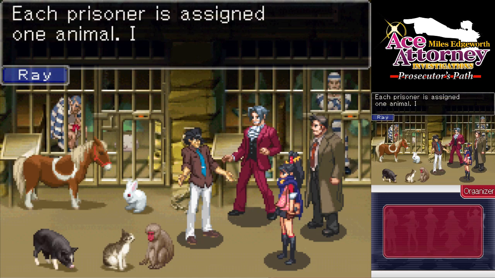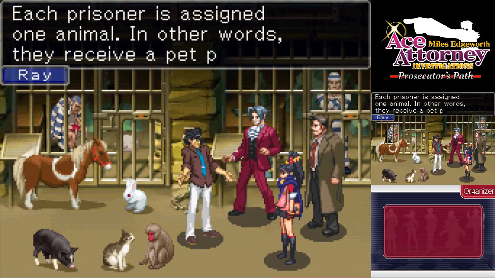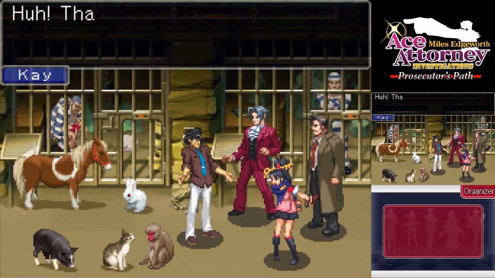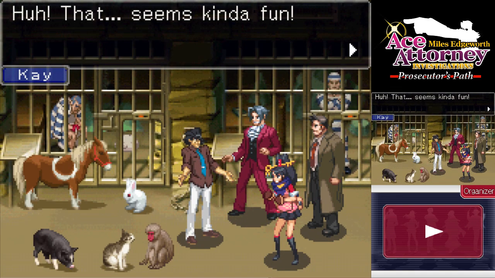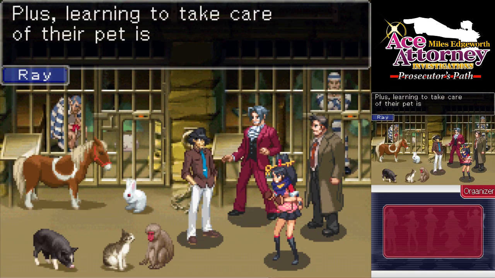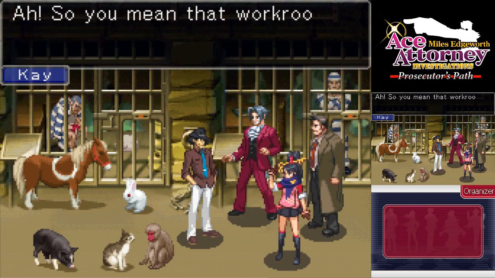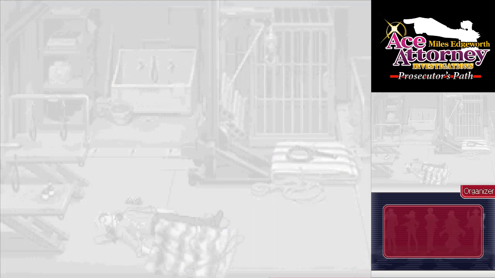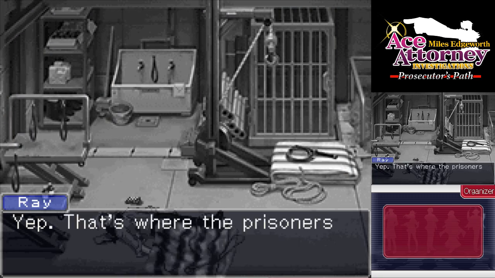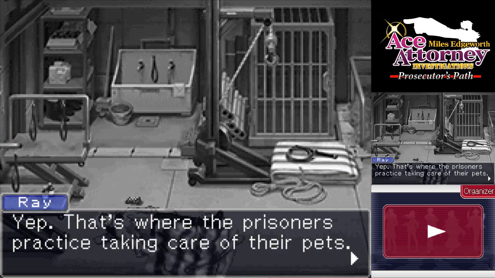Each prisoner is assigned one animal. In other words, they receive a pet partner. Huh, that seems kind of fun. Plus, learning to take care of their pet is a great qualification to have. Huh, so you mean that workroom? Yep, that's where the prisoners practice taking care of their pets.